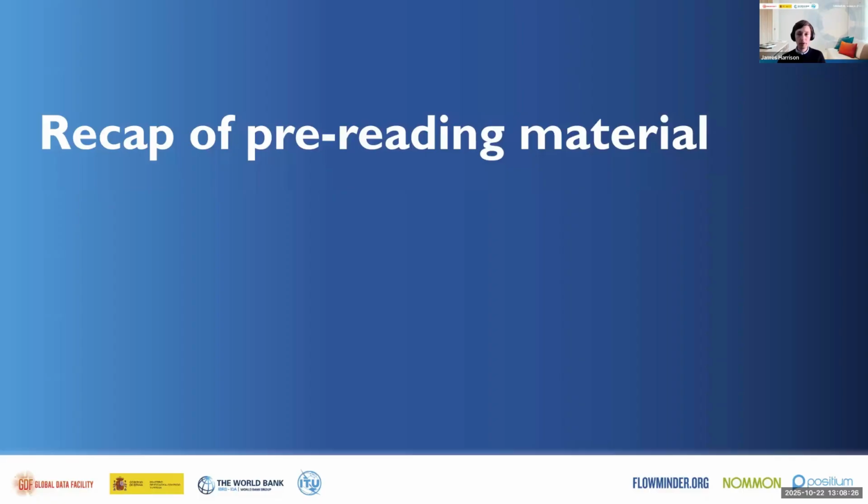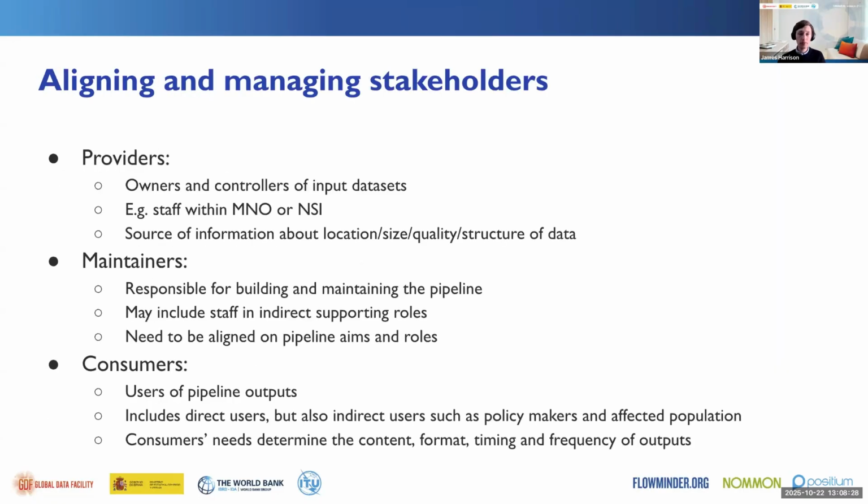So firstly, a recap of the pre-reading material. So aligning and managing stakeholders. We can separate the stakeholders that are relevant for a data pipeline initiative into three categories. So we have the providers first. These are the owners and controllers of input data sets.